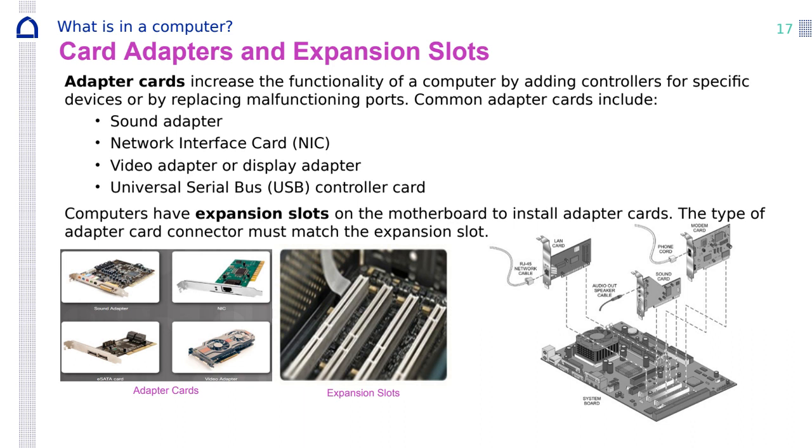So these are the examples: sound adapter, network adapter, video adapter, USB adapter or card. They look like that. You need to know how they look. So these are adapter cards. These are where we install them. So it's called expansion slot. Any questions?